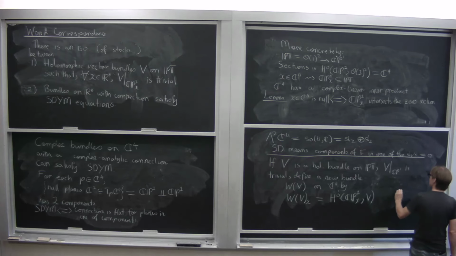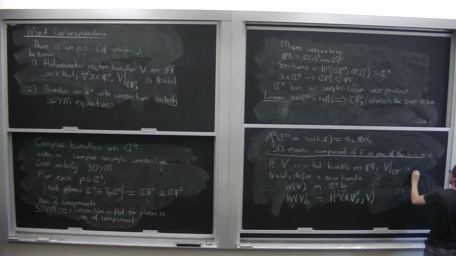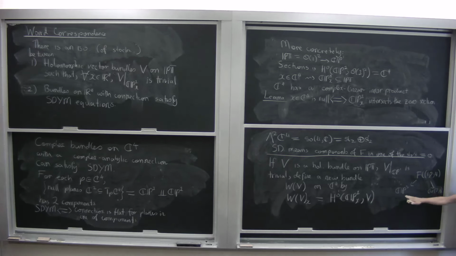Oh, okay, so you're using this. There's CP3, the flag variety, and there's a correspondence like this. We're restricting this correspondence to an open subset here and here.